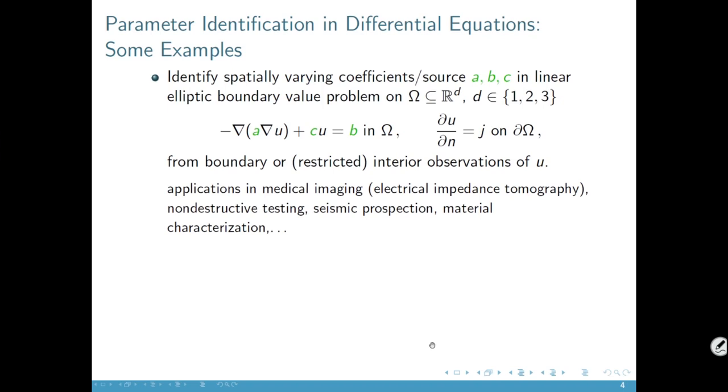And then one would not just have one observation, but infinitely many on the boundary in order to uniquely recover A of X.